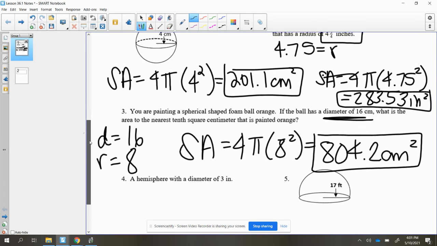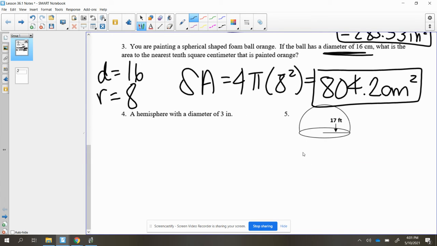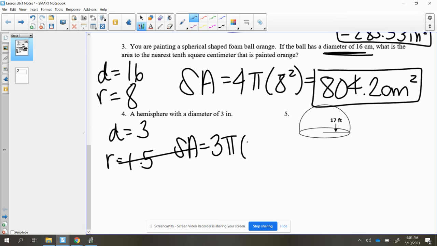Now, our next example deals with a hemisphere. If we want the hemisphere with a diameter of 3, again, similar to what we did above, we're going to need to find the radius first, which is going to be half of that, so 1.5. And then remember, the surface area of a hemisphere is 3 pi r squared.